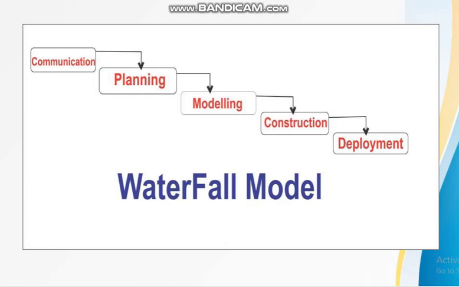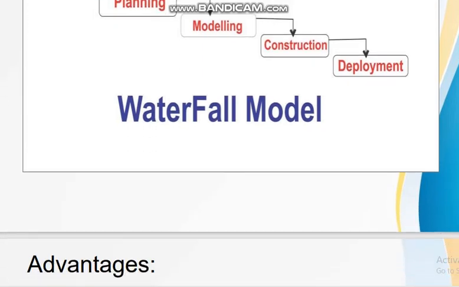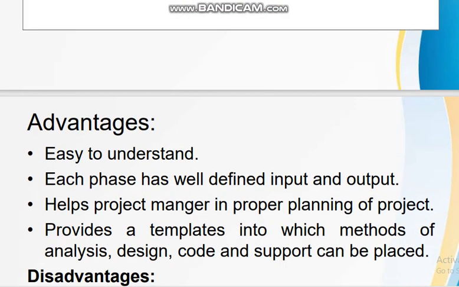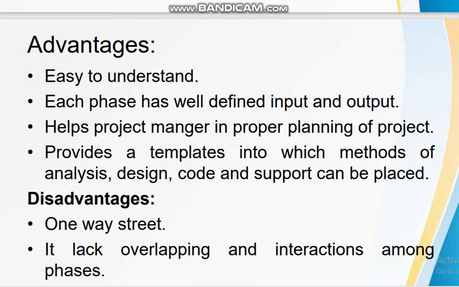It means that when we have created the model and done the testing, then we deploy the product to the client. All these are phases in the development cycle. There are some advantages and disadvantages also. This life cycle is very easy to understand.